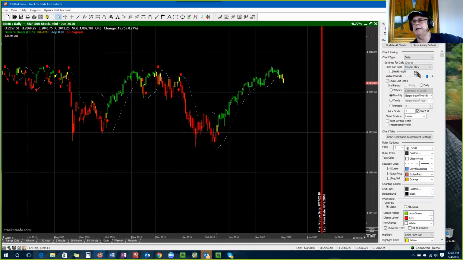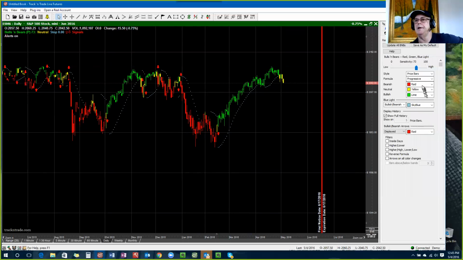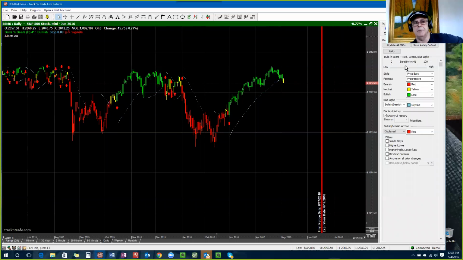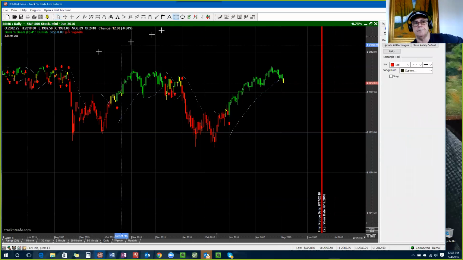Now you could go back in here to bulls and bears, and you could change the settings and watch the arrows change. So you can make it as sensitive as you want to. I think during this time, that's way too sensitive.